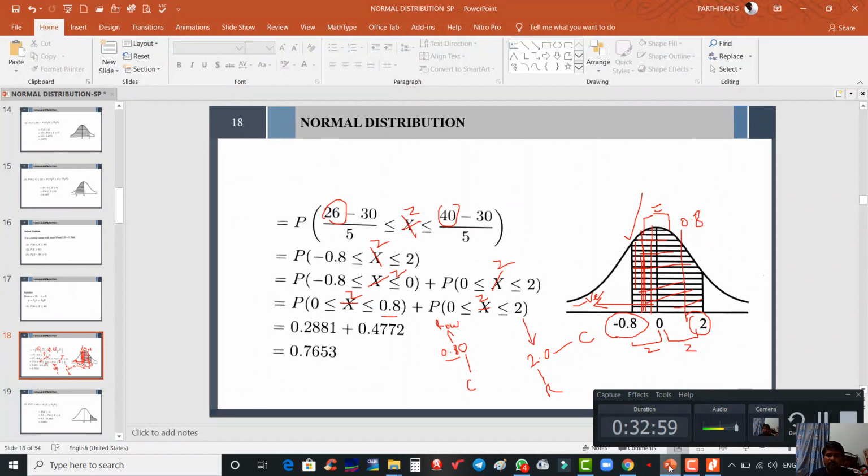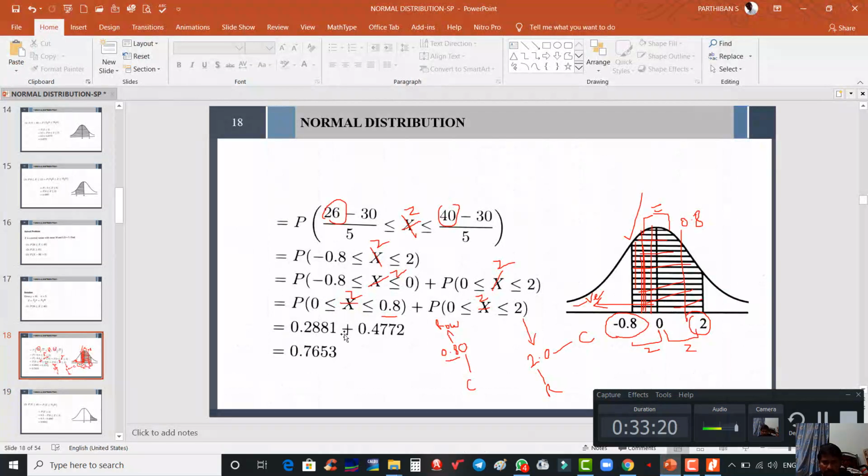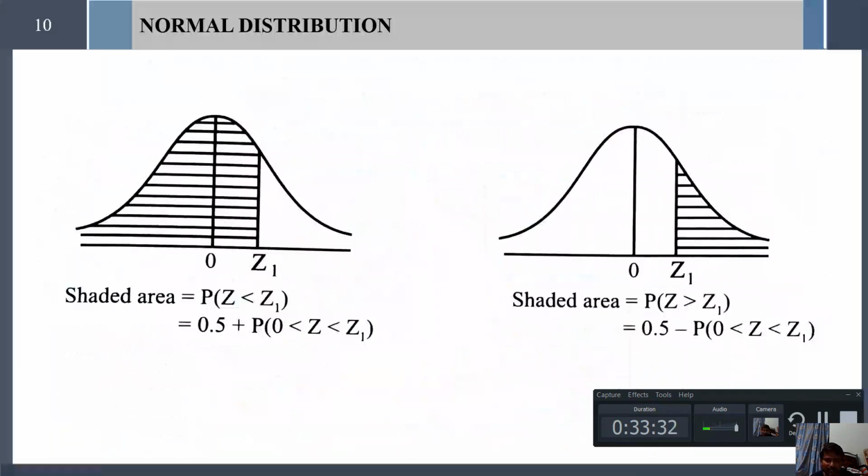Similarly, the value for the 2.0th row and 0th column is 0.4772. Adding these two we get 0.7653, which is the required answer for this case. It goes from the first slide onwards, so you bear up to this matter.